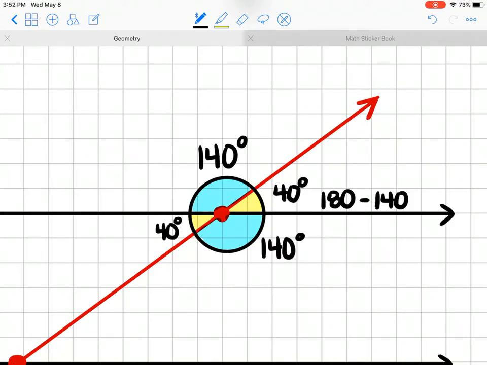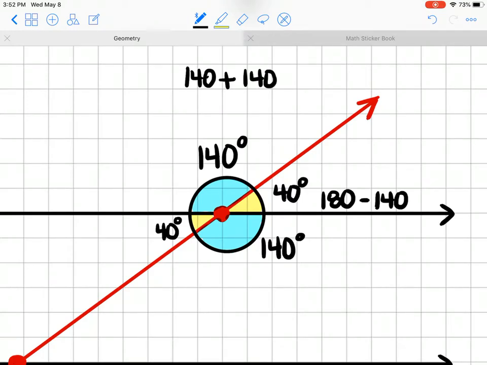So you can check yourself by adding up the two blues and the two yellows. We have 140. Sure we do. 140 plus 140, that's 280.